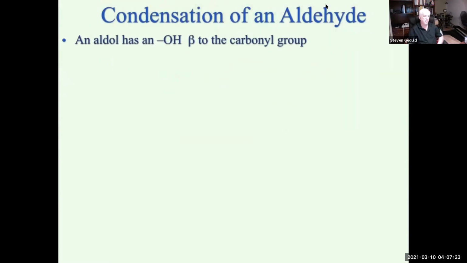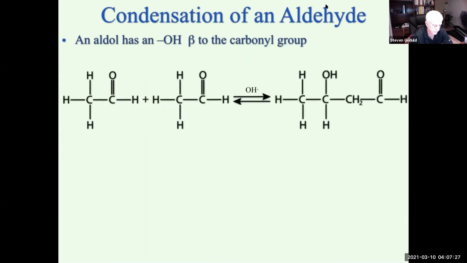The aldol has an OH beta to the carbonyl group. Okay, so in the aldol, this side here, this is your aldol. It has an OH group beta to the carbonyl group. Remember, carbons are numbered by Greek letters, where the carbonyl group is the starting point.